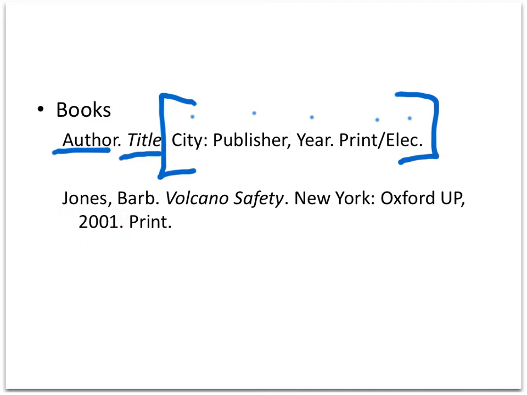Here we go, there's our year. This year indicates what year the book was published in. So now we need to distinguish between print versions and electronic versions of this text, so we do that right here with print. So with standard books, we have the author, the title, the city, the publisher, the year, and print or electronic.